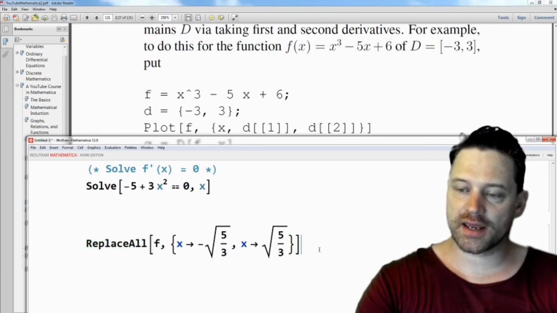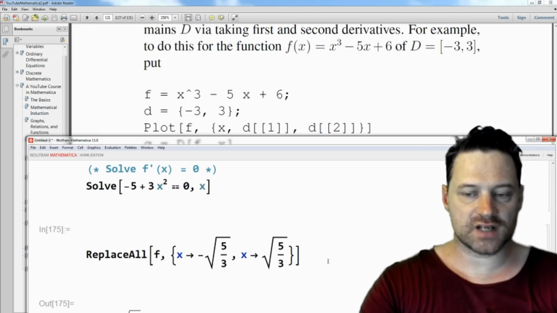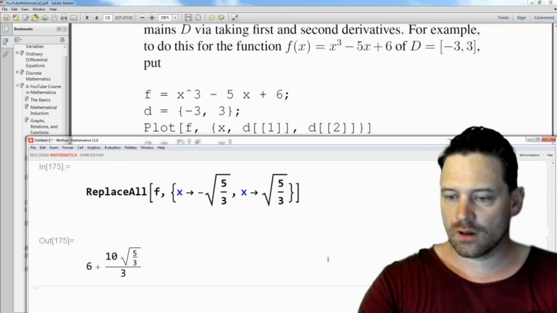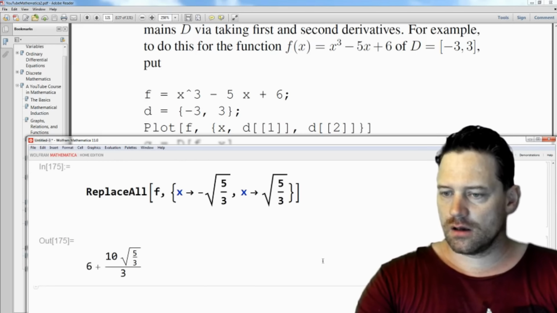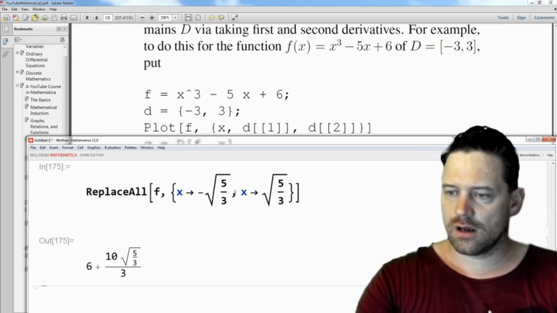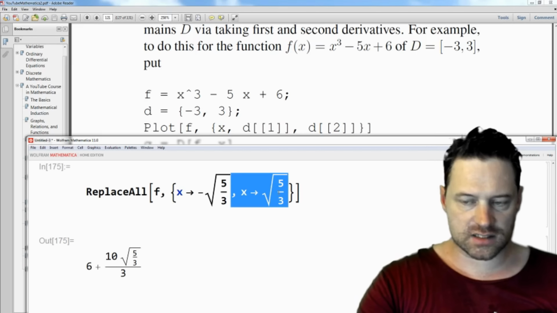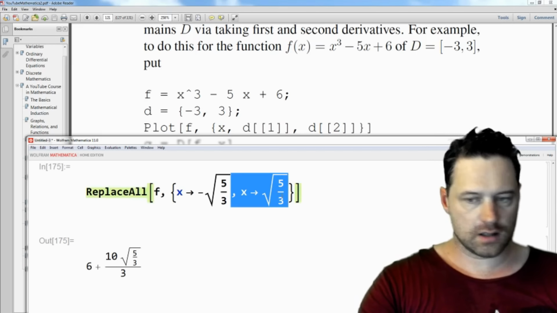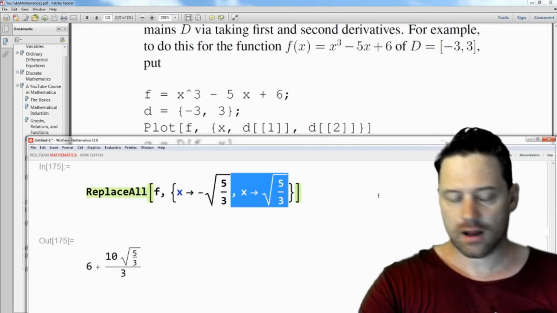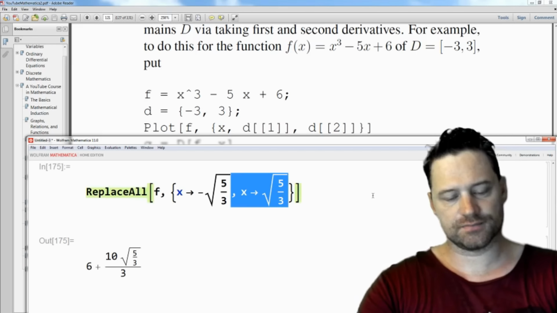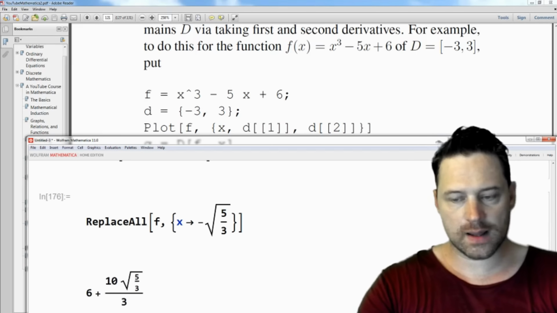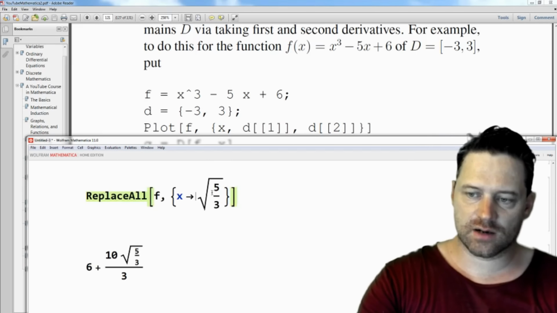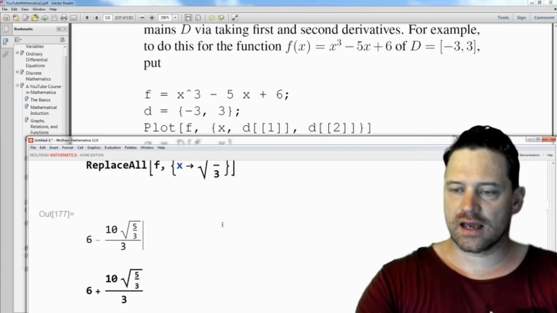Let's try this. Shift enter. Okay, right, so we can probably only do this one at a time. Let's get rid of one of these. Okay, there we go. And now let's try this again with it being plus. Okay, there we go.